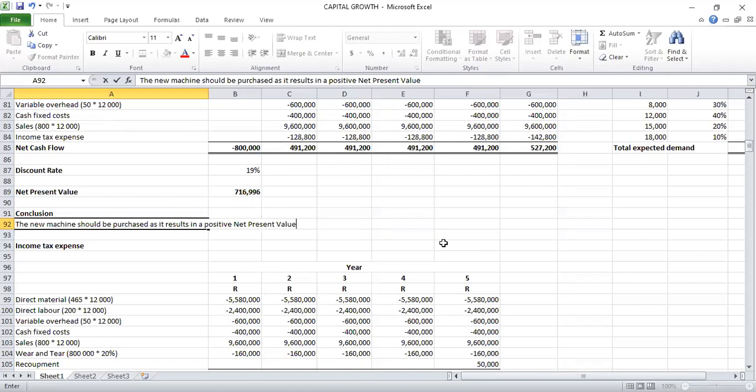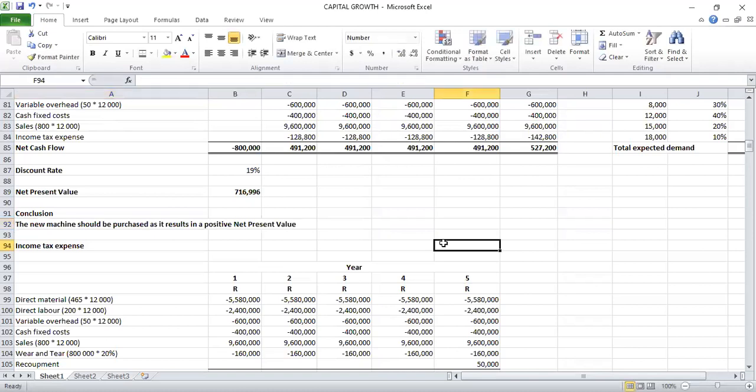So if the NPV was negative, then we're going to say they should not invest in the machine. Any questions?